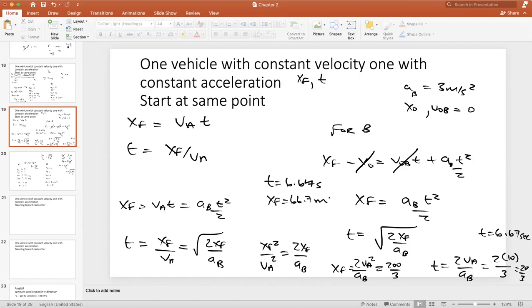If you plug in 10 times 6.67, you get 66.7 meters. If you plug in 3 halves times 6.67 squared, I get about 66.7 as well.